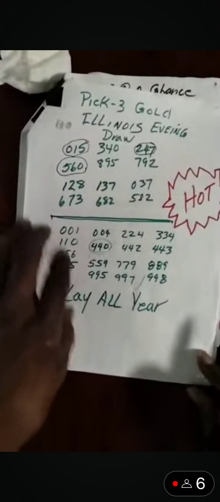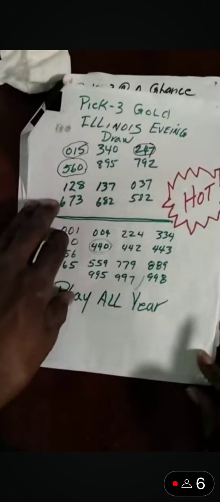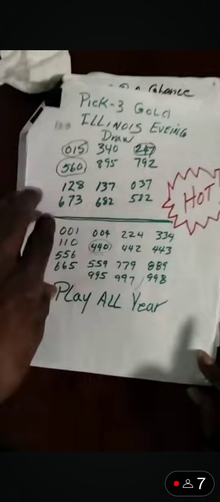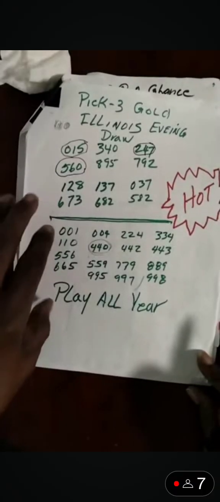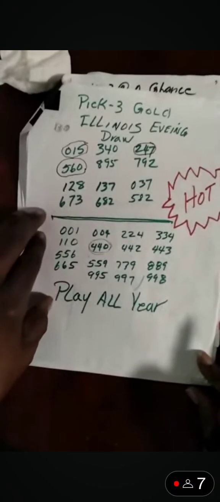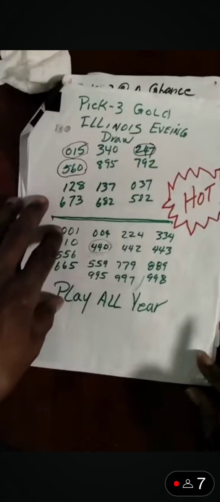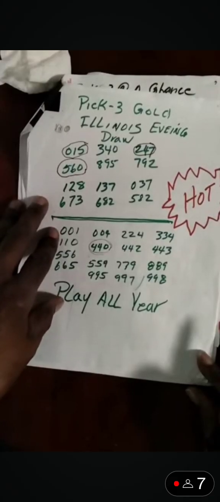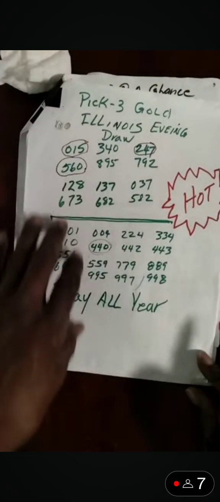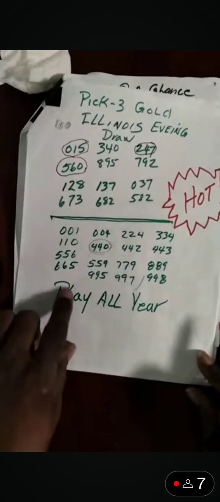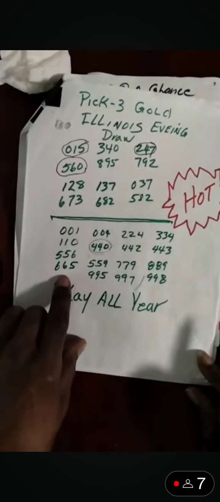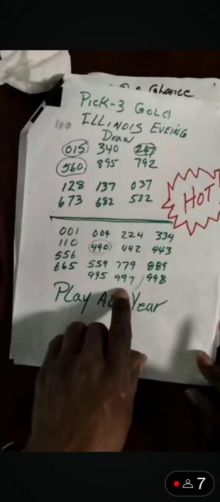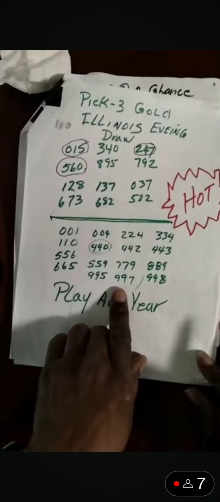When the numbers don't fall, how long does it take? I started looking at numbers when they were 60 days out and start adding them to make a bucket list of the numbers I'm going to play. Like these here, ain't hit all year yet. This here ain't hit all year yet. Any of these here that I don't have anything with, they're opposite each other. But I'm going to teach you about opposites here in this live.